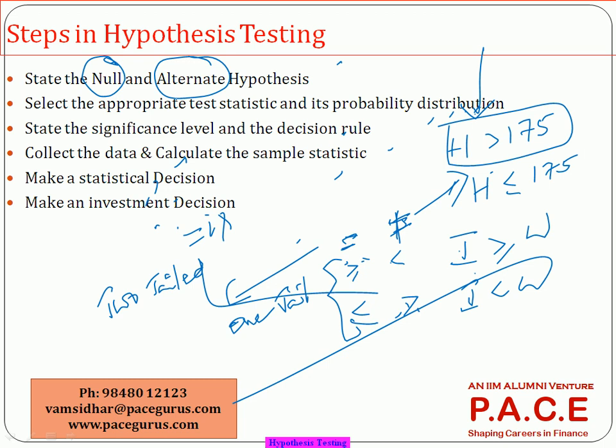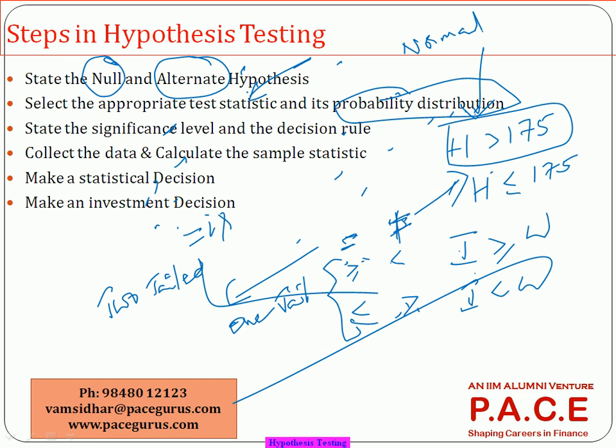Then state the appropriate test statistic and the probability distribution. Is it a normal distribution? Is it a t distribution? You have to state what distribution it is following. Especially if your sample size is large, you can go with a normal distribution.